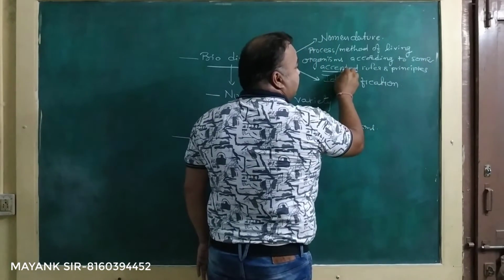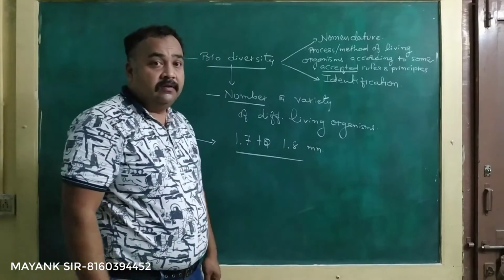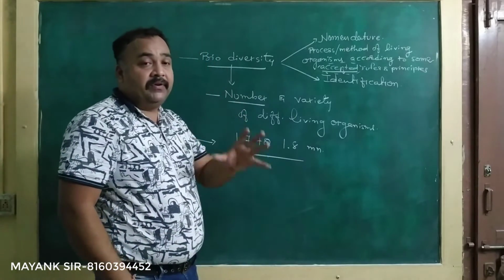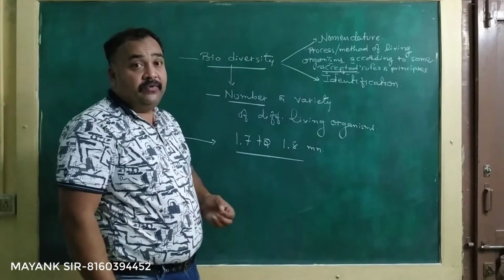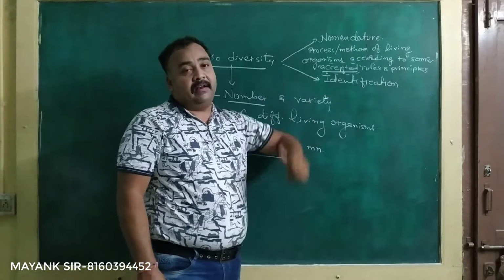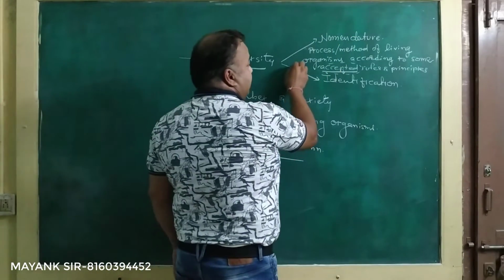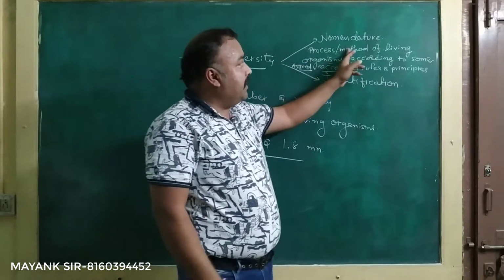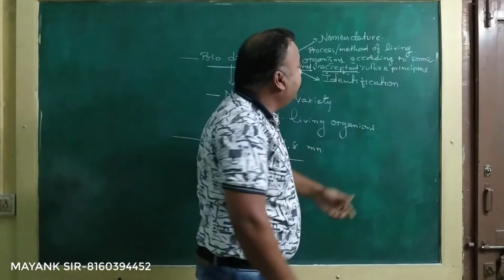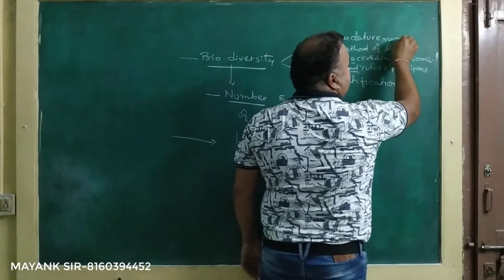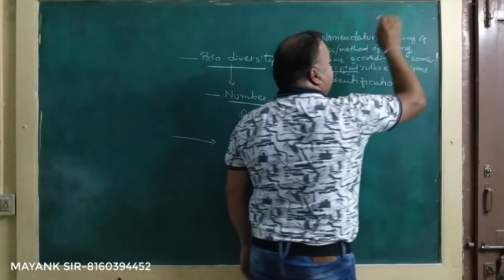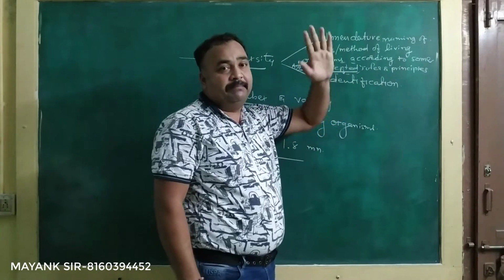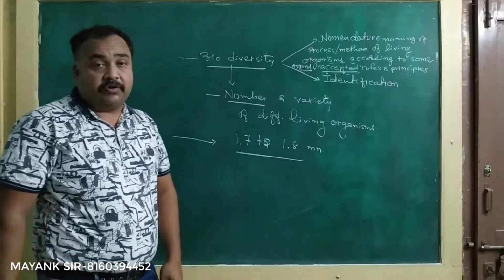Accepted as well as established, or we can say that the different kinds of rules and regulations which are incorporated for nomenclature, and those must be agreed principles. So the process or method of naming of living organisms according to some agreed accepted rules and principles is known as nomenclature.